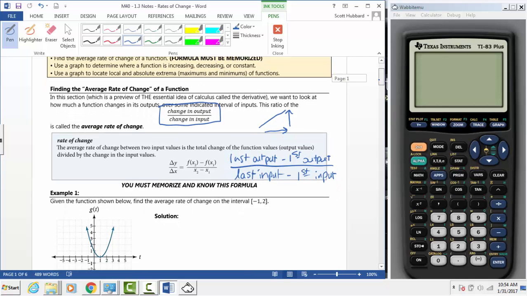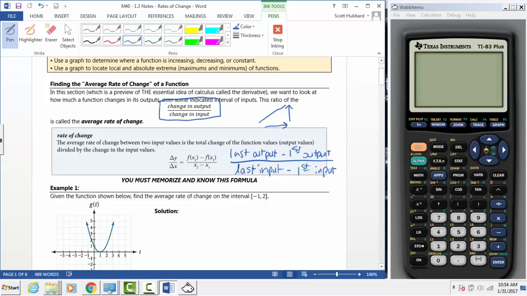Now, you've actually seen this formula before. This is just rise over run. So you've seen it before as y2 minus y1 over x2 minus x1 for the slope of a line. So this is the same formula, except for a line, the slope is just going to be a single constant number, because lines have slope like 3 or negative 2.